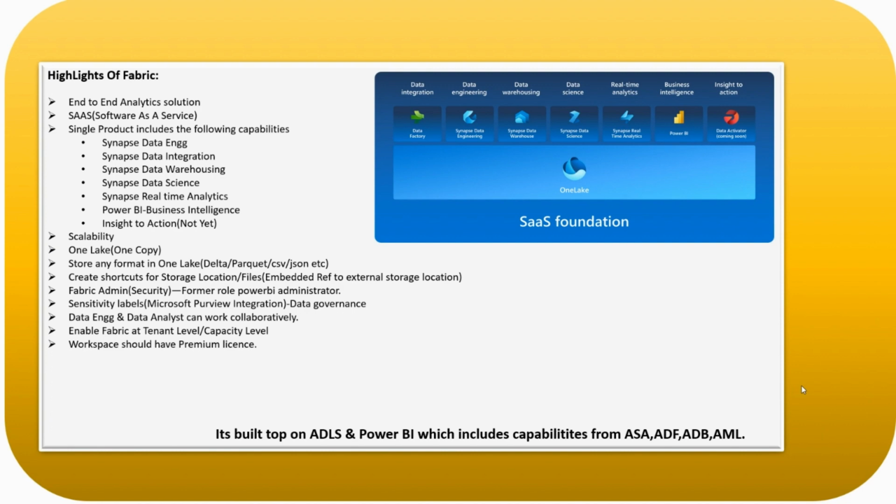This is a storage area, and basically all types of formats can be stored in OneLake. The default format is Delta. We can also store Parquet, JSON, CSV, and, why not, tables. All of this we are going to cover in future sessions.